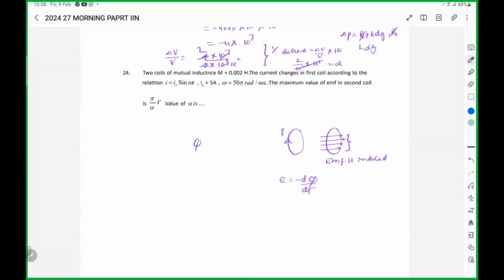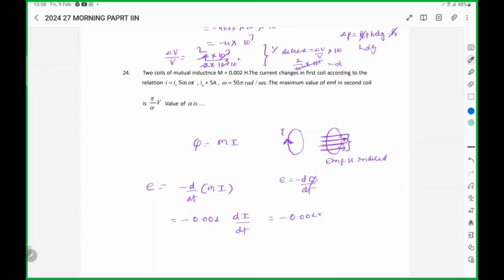Here flux is nothing but M i, because flux is changing not within this coil. Because of change in current here, there is a change in the flux in the other coil. So we'll write the EMF as M into di by dt, with mutual inductance given as fixed.